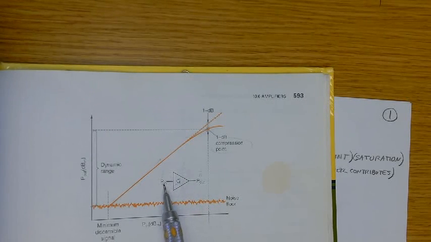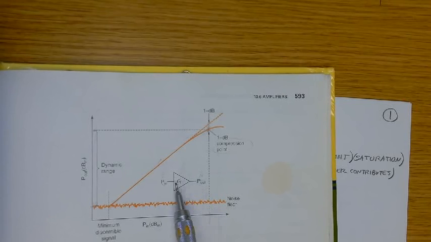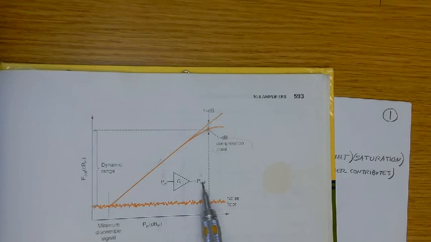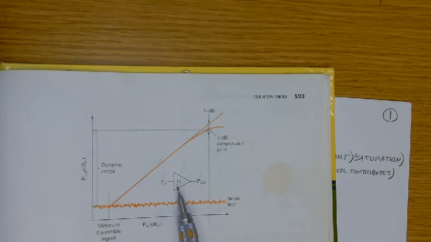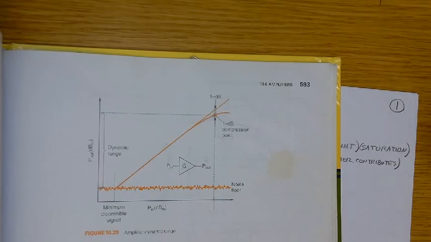So for any input that forces the output to be equal to the power supply voltage, any higher value of input voltage is just going to cause saturation. You've probably seen that in your lab work. So that's the same phenomenon as this compression.